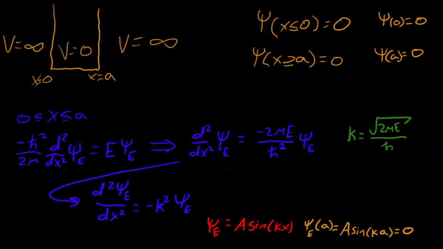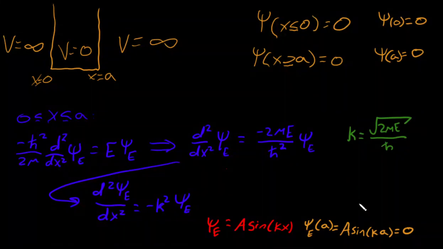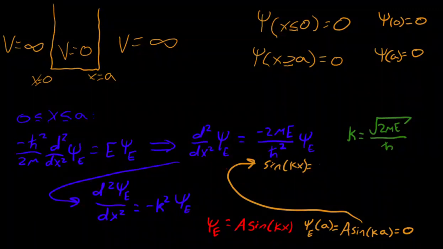So considering that we are hoping that A is not 0, we can take from this that sine of ka equals 0.